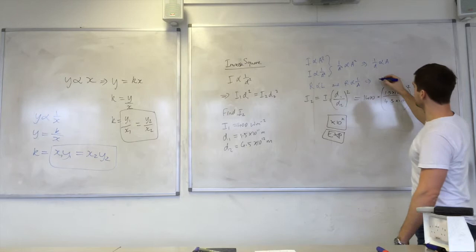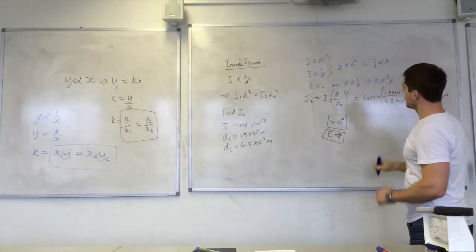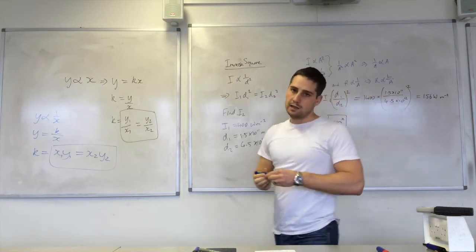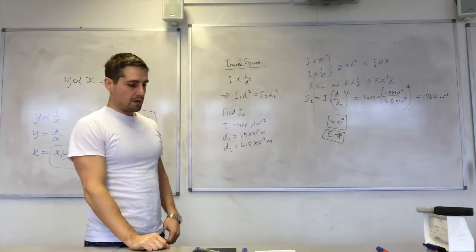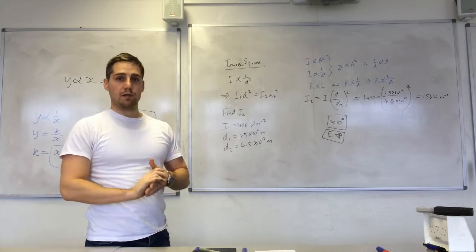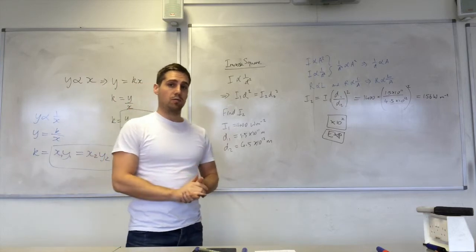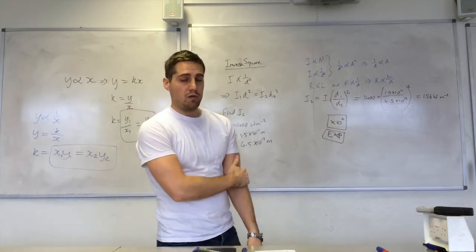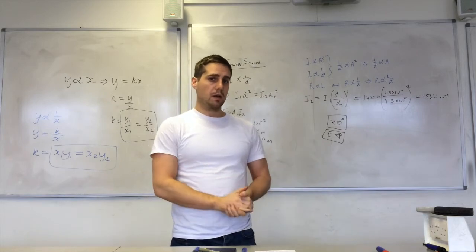So therefore, resistance is proportional to length over the cross-sectional area, and as you'll know, that's the basis of the resistivity equation. So that's proportionality and ratios. Hopefully that's helpful. These relationships come up all the time, particularly in Newtonian world and gas laws, so it's well worth being able to work with them effectively.